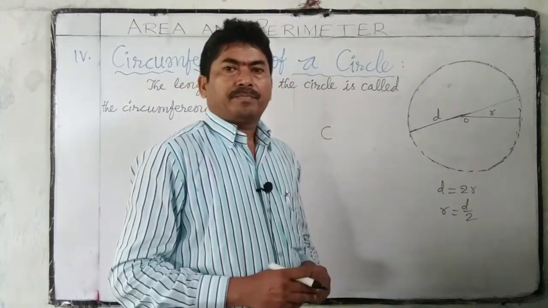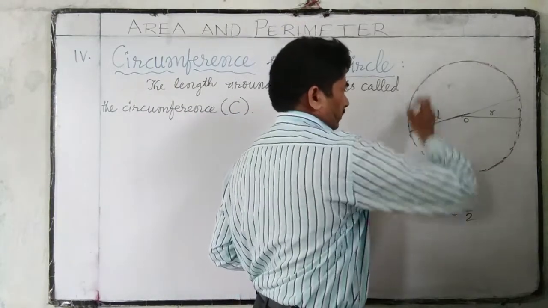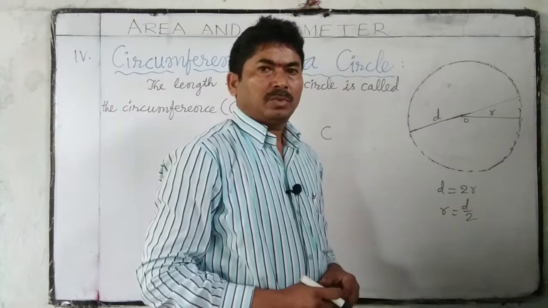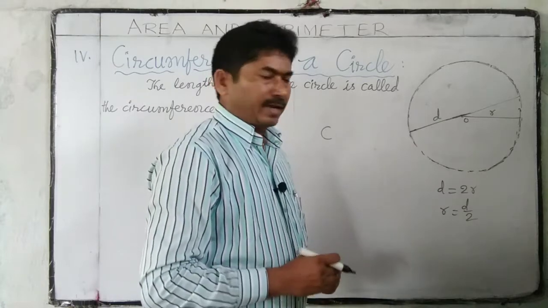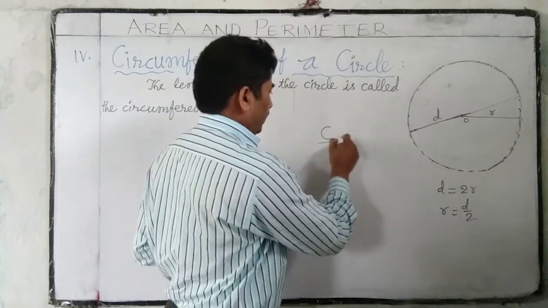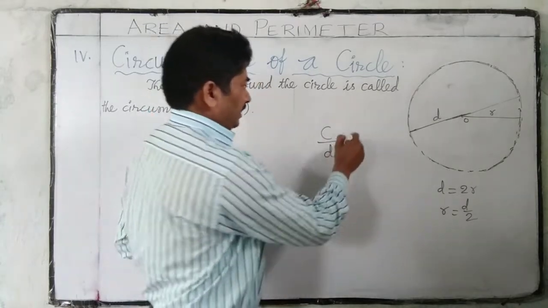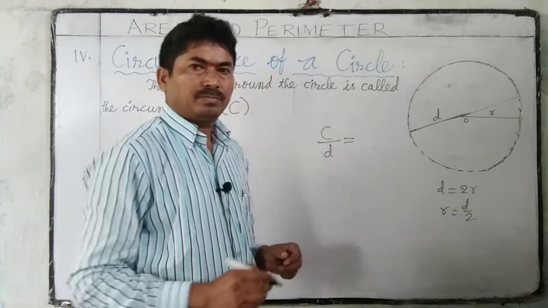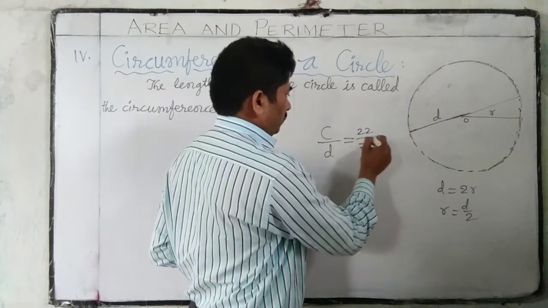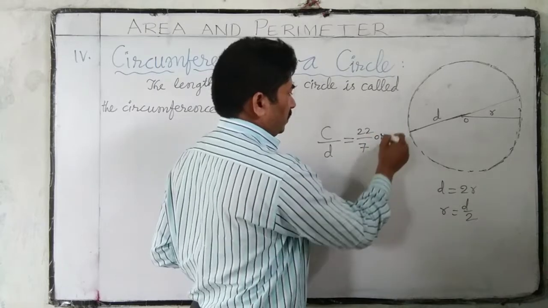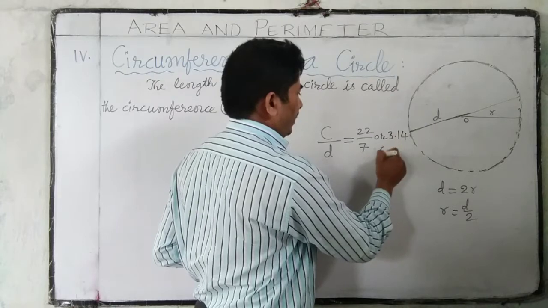And the approximate value of the ratio of circumference to the diameter of a circle, that is C by D, is equal to 22 by 7 or 3.14 approximately.